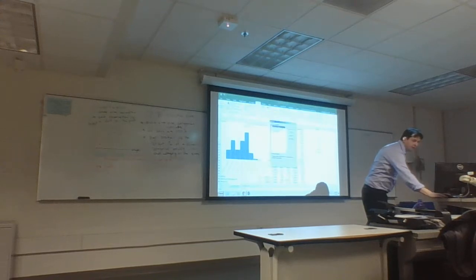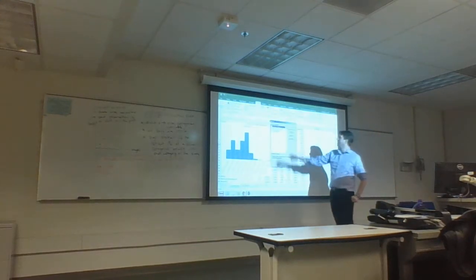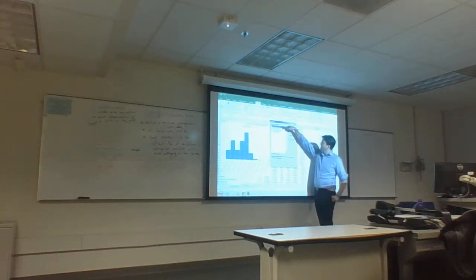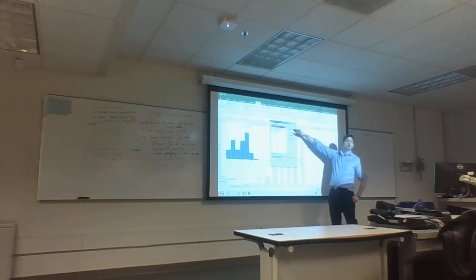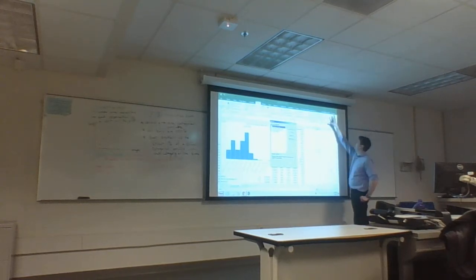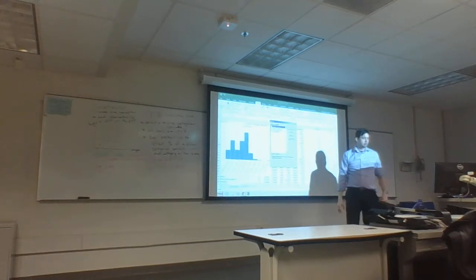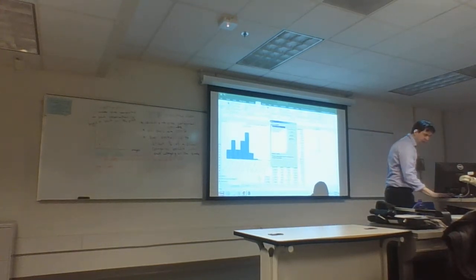And when you do that, you will see the Analysis ToolPak option. There's also Analysis ToolPak VBA. Either one is fine. So we can just select that. And when you select that, hit the check mark and hit OK, you will see a new option appear right here called Data Analysis.